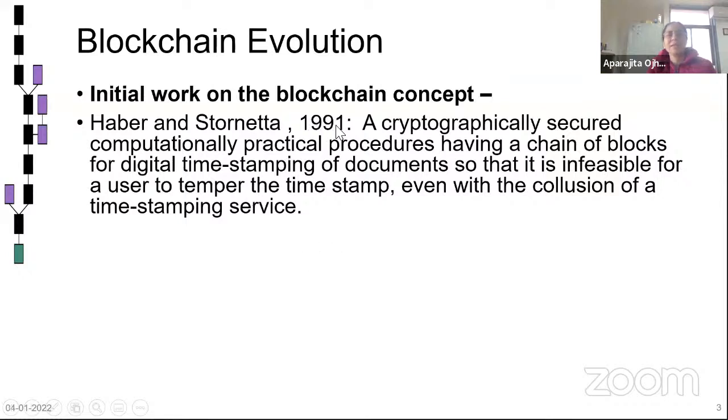In 1991, they came out with a wonderful design of a cryptographically secure, computationally practical procedure, having a chain of blocks for digital timestamping of documents, so that it is infeasible for a user to tamper with the timestamp. Even with the collusion of a timestamping service, they were not able to do this. So this was the seed of the idea of the blockchain.